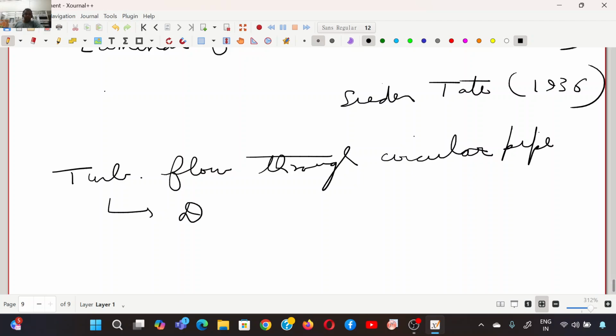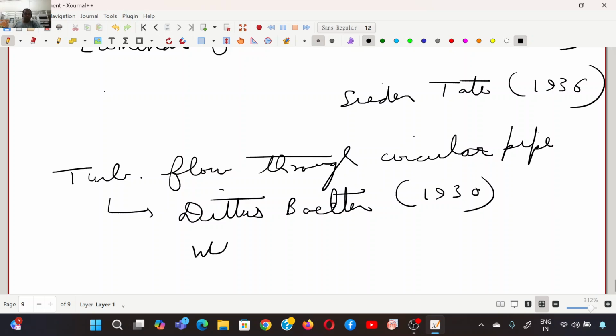Here we have Dittus-Boelter, 1930. Whitaker, 1972.